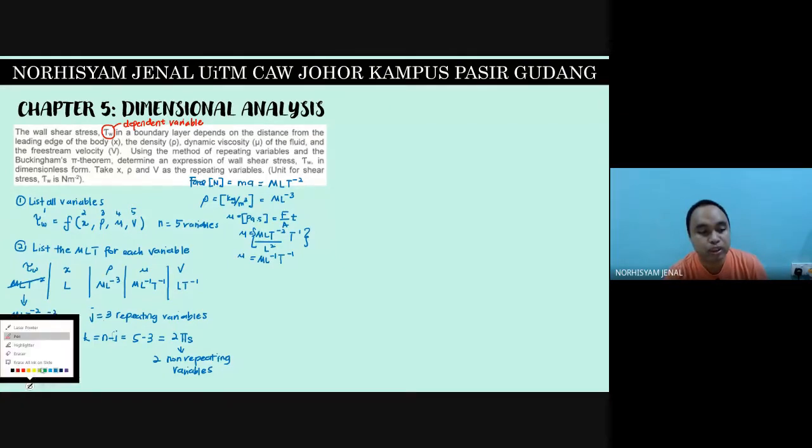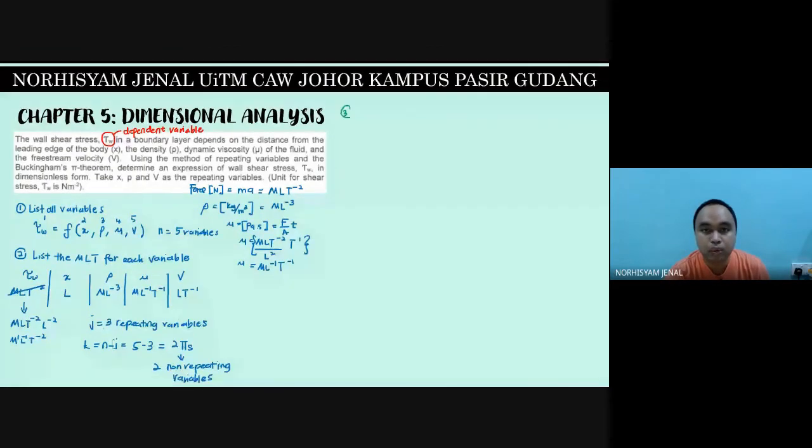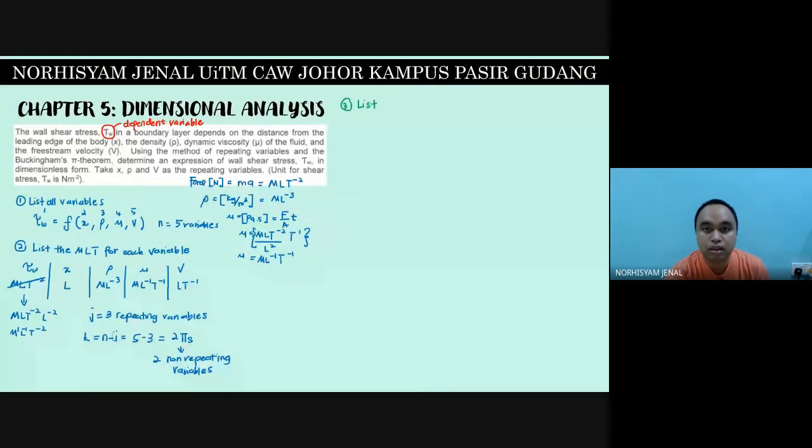Next, what we need to do is number 3, we list all pi terms. The pi terms that we have should be based on repeating and non-repeating. The question already gives us x, rho, and v as the repeating variables. So x, rho, and v are repeating.